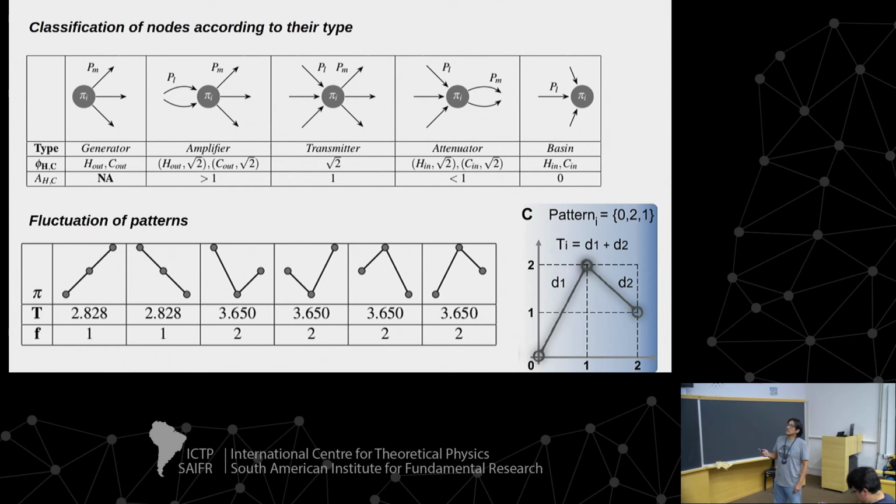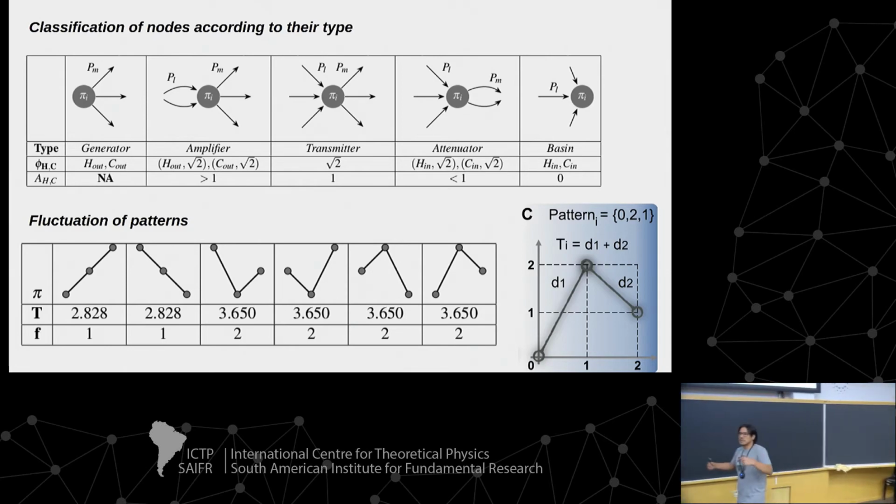Depending on their extreme values of these measures, we can see in our network what we call generators of entropy or complexity, amplifiers of entropy and/or complexity, transmitters, attenuators, and also basins of complexity, which are nodes that receive entropy or complexity through their links, but just keep it for themselves.